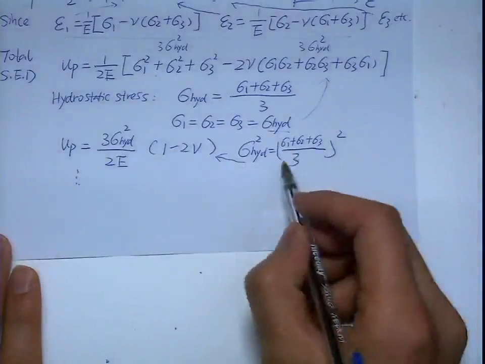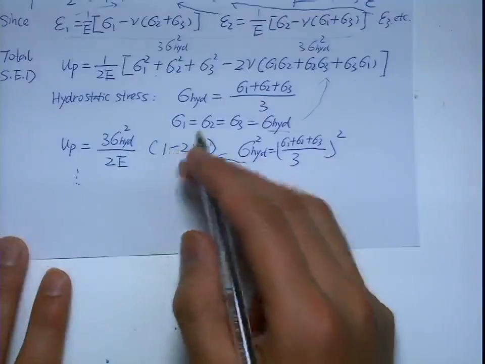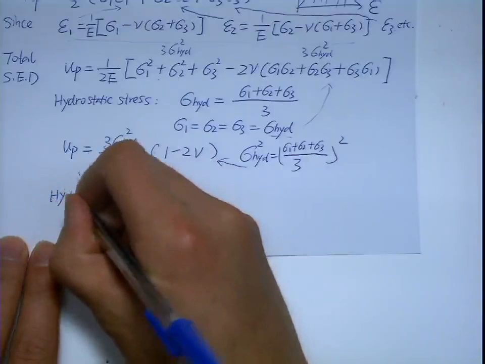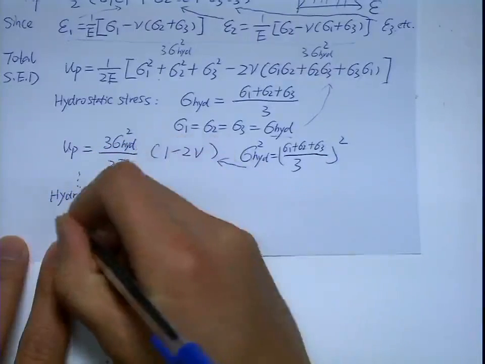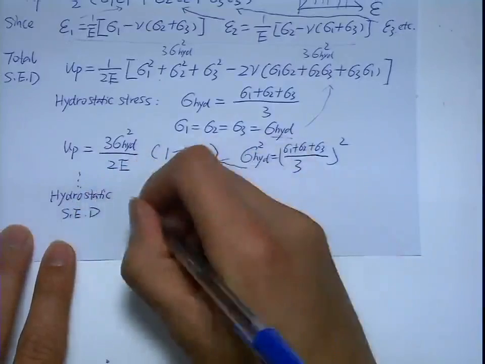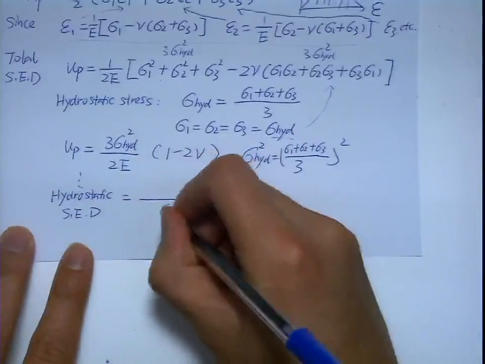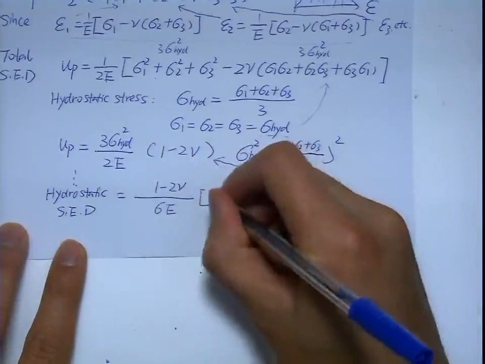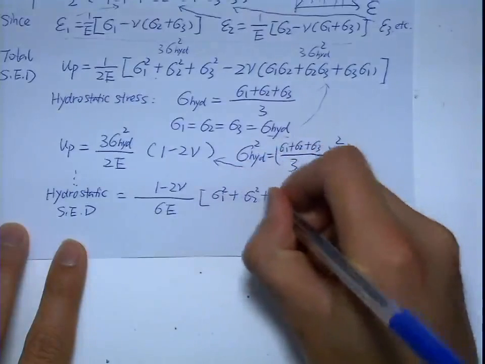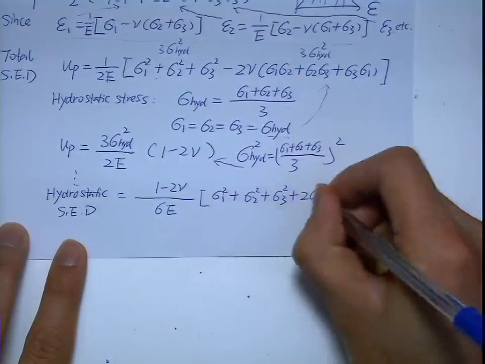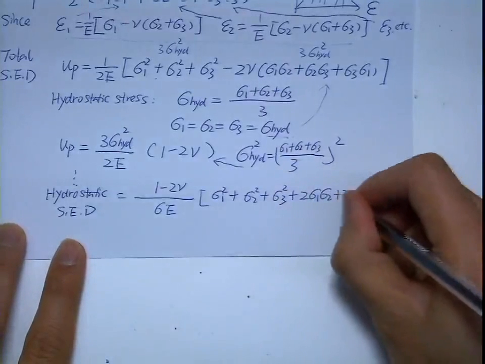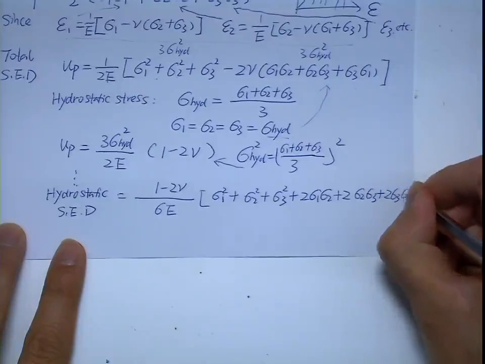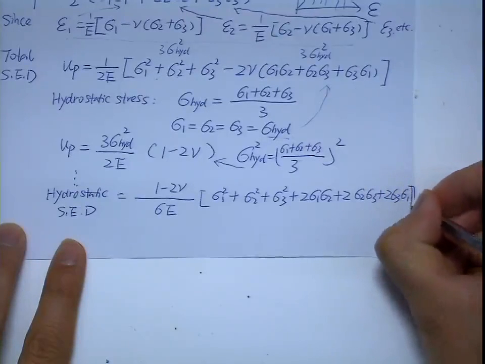After many dots, after doing that, what happens, this hydrostatic strain energy density is equal to 612 mu, and then these parts plus together, okay.